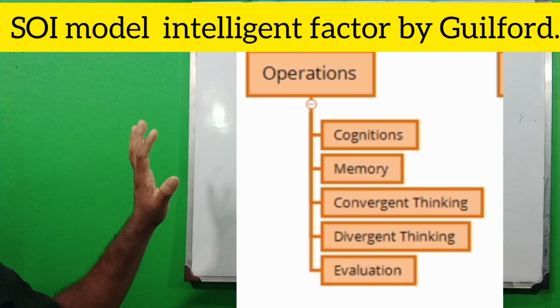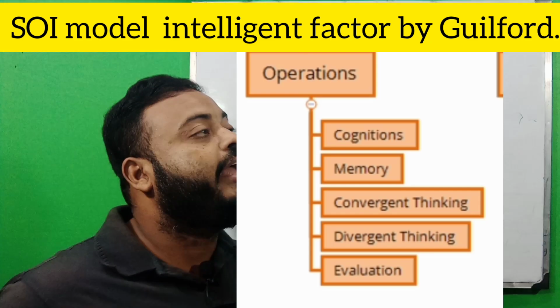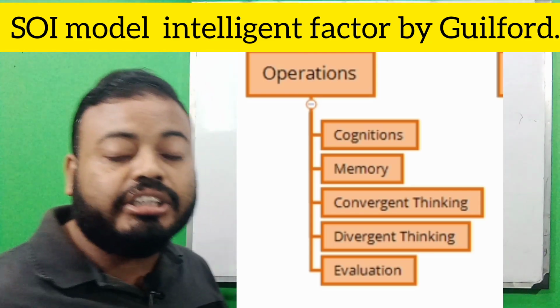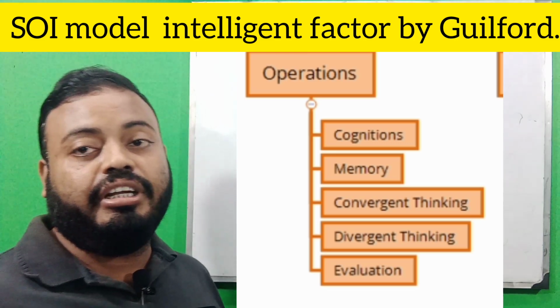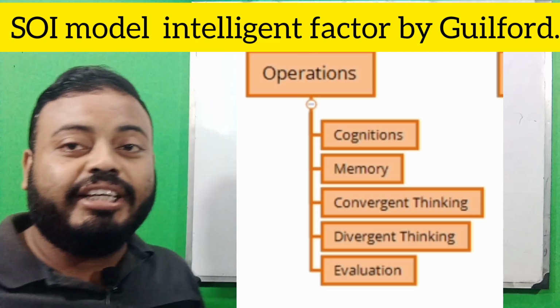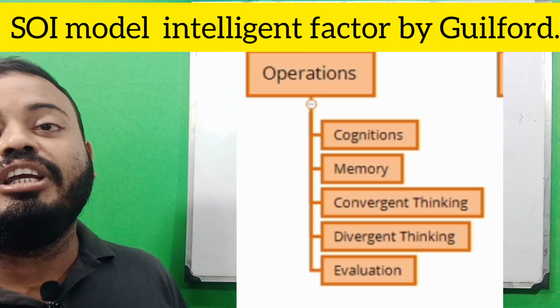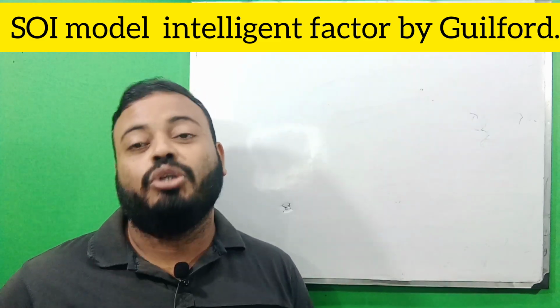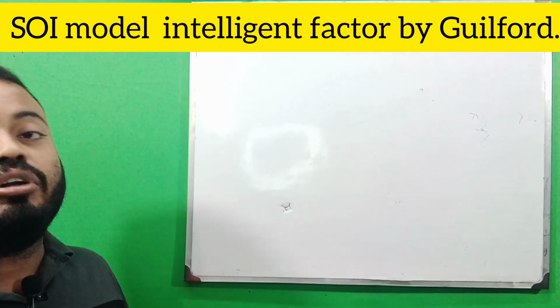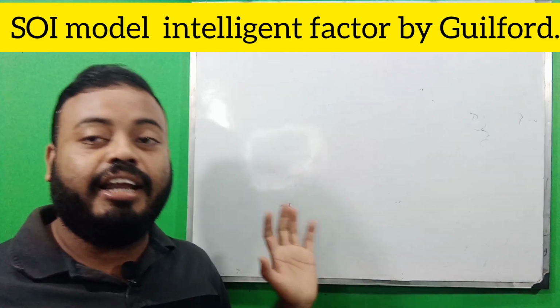Every person will know the efficacy of evaluations and the utility of evaluations. This efficacy and utility are based on his intelligence. So here we learn about the operation dimension clearly.